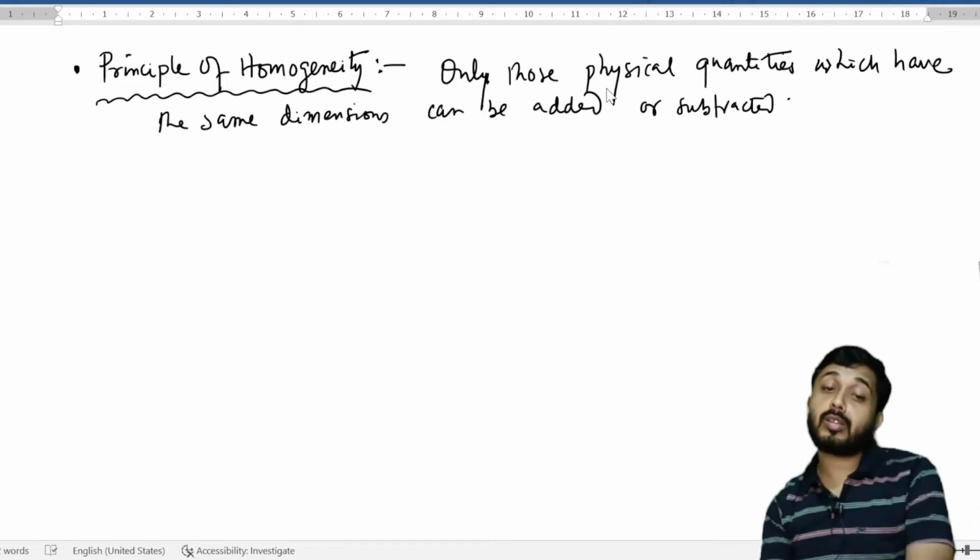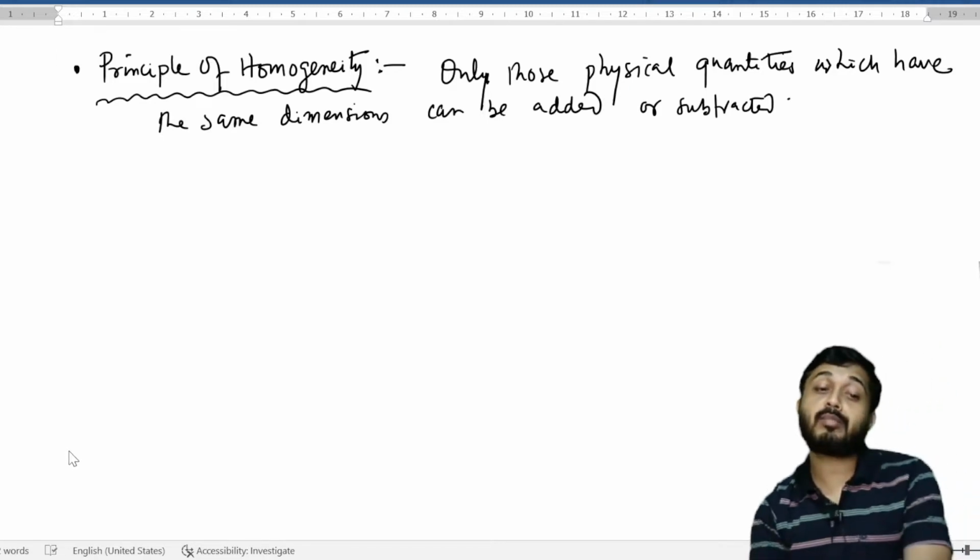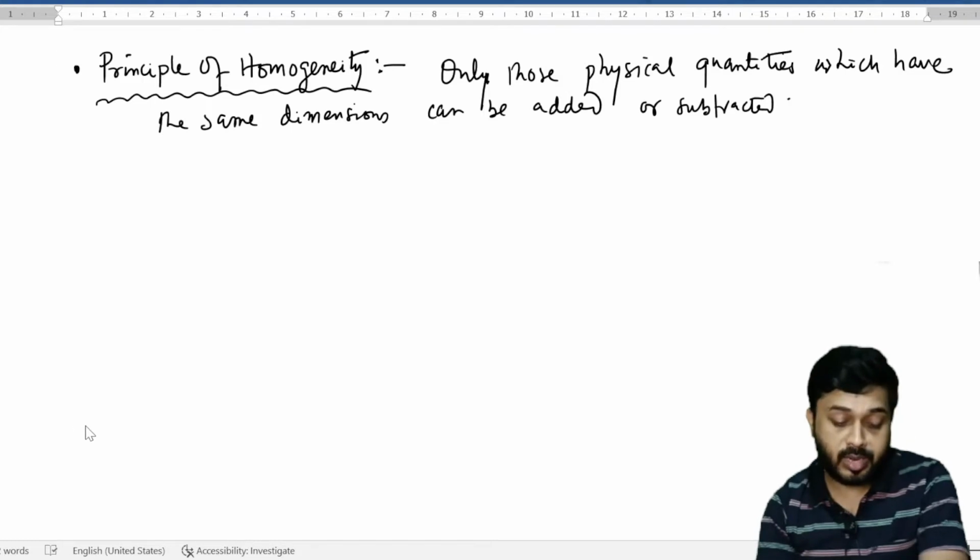Is it clear? Only those physical quantities which have the same dimensions can be added or subtracted.